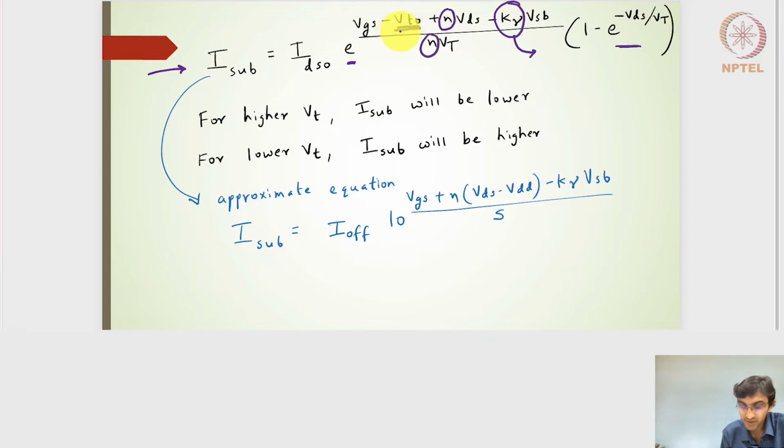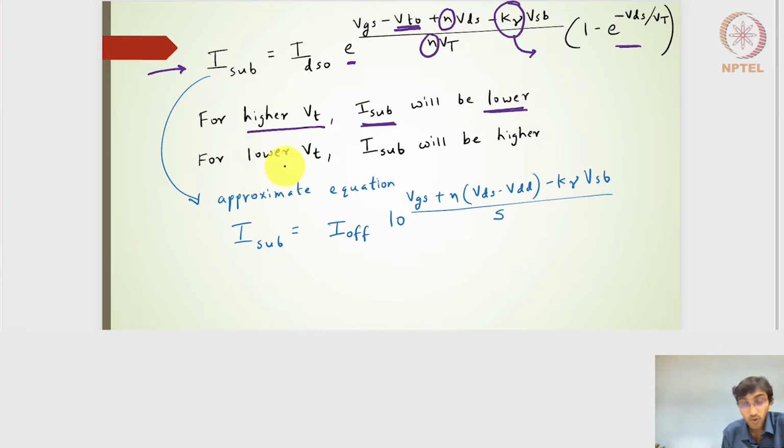Because this VT0 is in the exponential term, we will have an exponential increase or an exponential decrease in the subthreshold leakage current. If I choose a higher VT, the difference between VGS minus VT0 will be lower, and thereby my subthreshold leakage current, I subthreshold, will be lower.